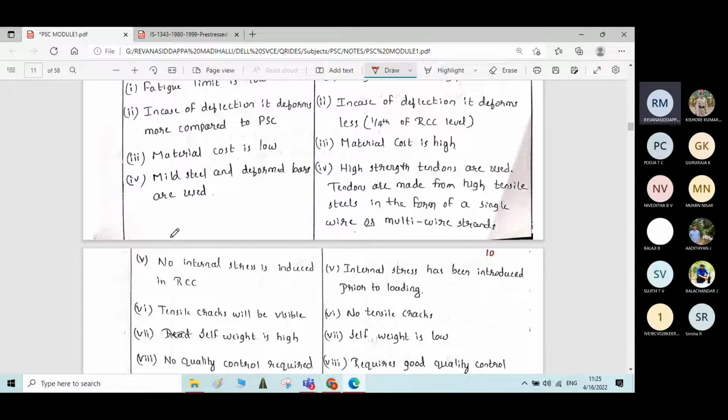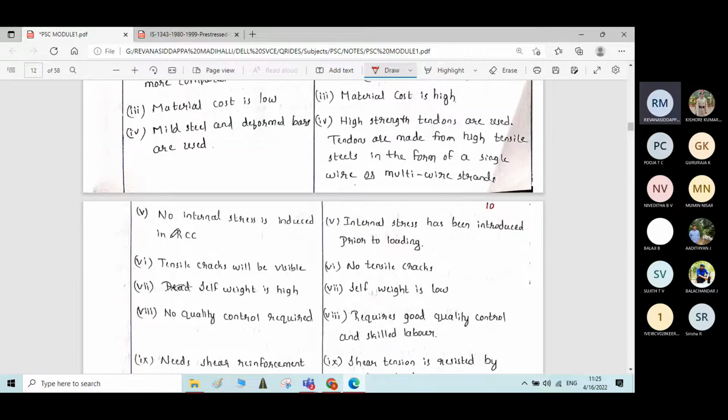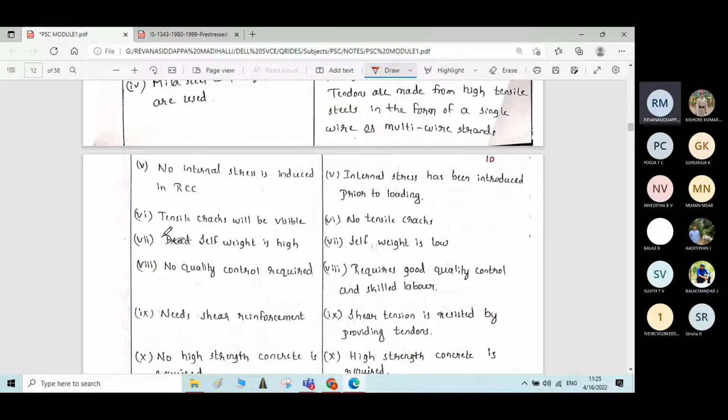They may have a group of wires or a single wire of larger diameter. As I said in the beginning, no internal stresses are induced in RCC, but internal stresses are introduced prior to loading in case of PSC.